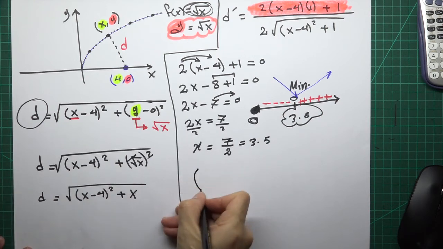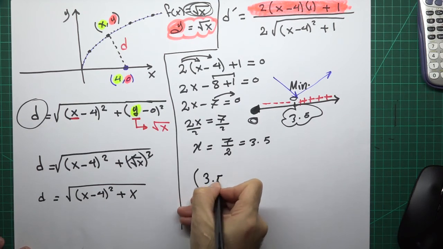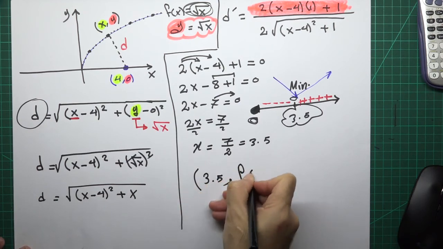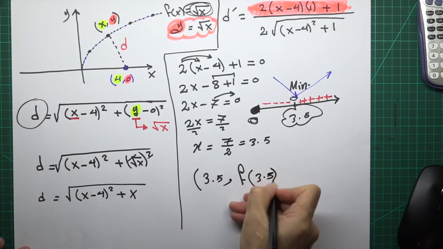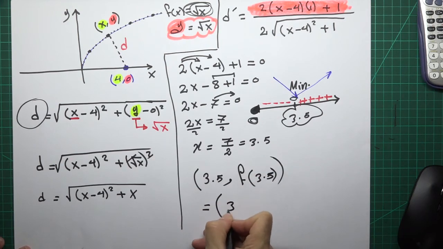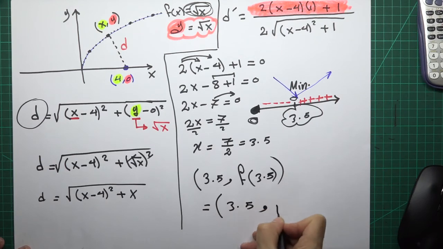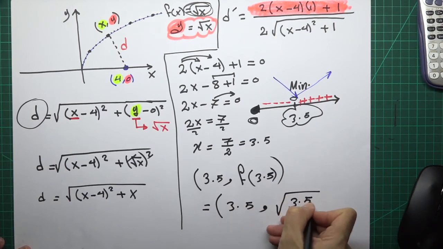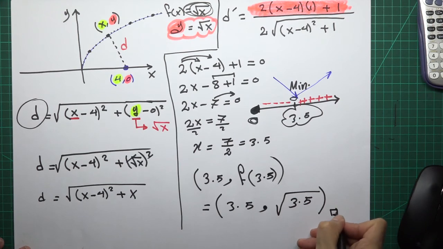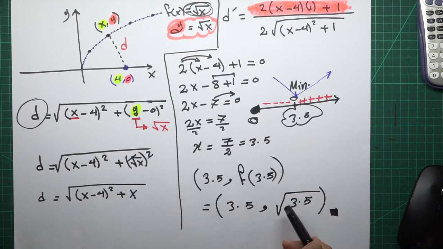So the closest point is at x equals 3.5, and f of 3.5, which is the point 3.5 comma square root of 3.5. And we say with this the problem is finished, and there is no need to think of doing more simplification because there is no more simplification than this. A calculator may give you a fraction, but this is fine. Why would I go to a fraction? This is very easy and direct.